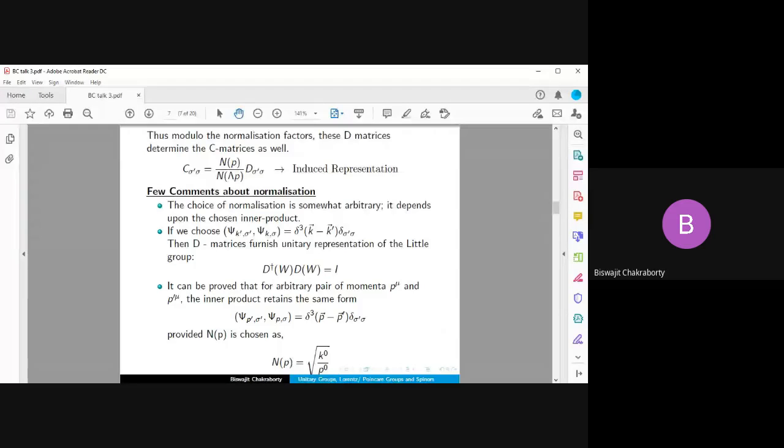This is a simple matter. These details are there in Weinberg's book. Again, I'm telling you, the masterpiece. You should go through it, work out all the steps, and you will understand it. But I'm just trying to give you a flavor. It is not possible to derive all the steps in a short span of time. Okay. So just go to the next slide, please.